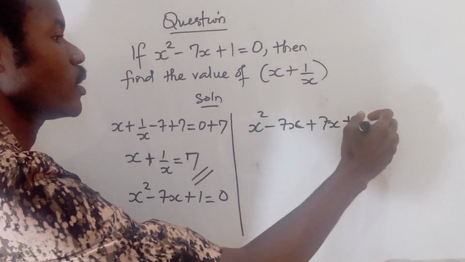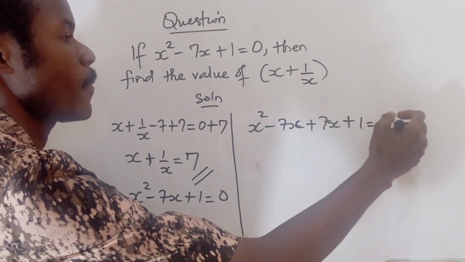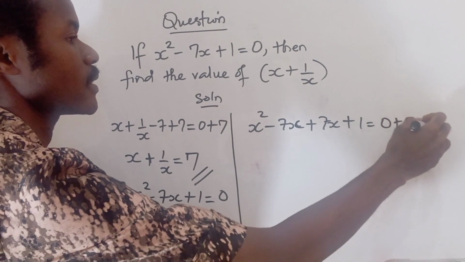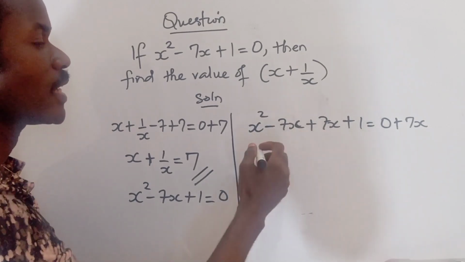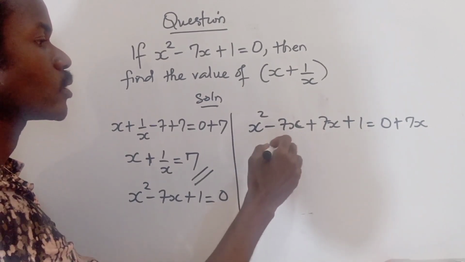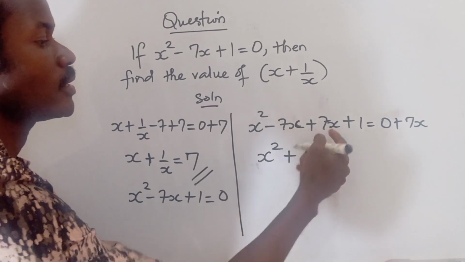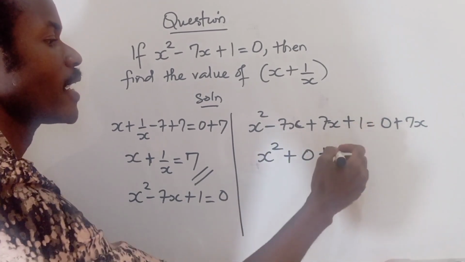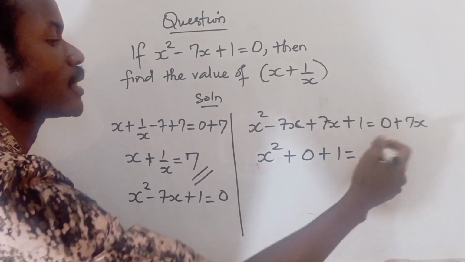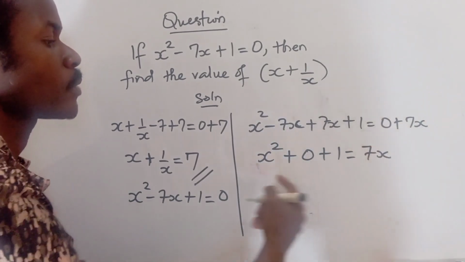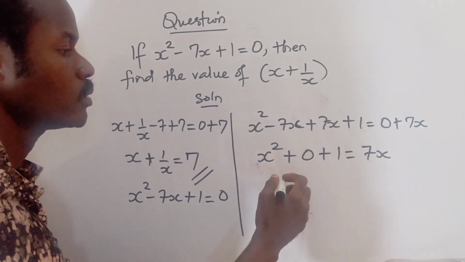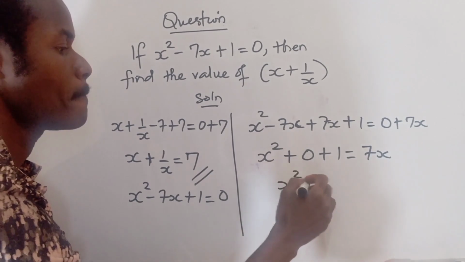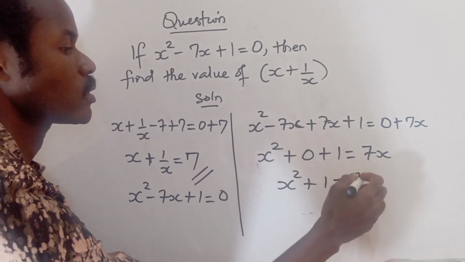So we have plus 1 is equal to 0 plus 7x. Okay, so minus 7x plus 7x is 0. So we have our x squared plus 0 plus 1, which is equal to 0 plus 7x is 7x. So we have our x squared plus 1, which is equal to 7x.